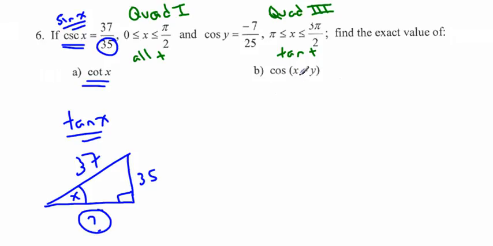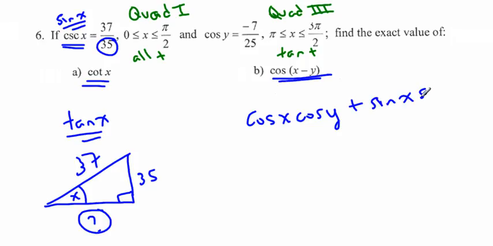And then over here, to find cosine of x minus y, I'm going to use the identity, where I will rewrite this as cosine x cosine y plus sine x sine y. So in order to complete this identity, I need to know cosine x. Well, here I have sine x and tan x. I'm also going to need cosine x.